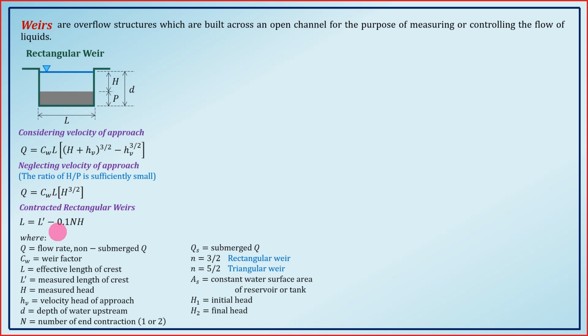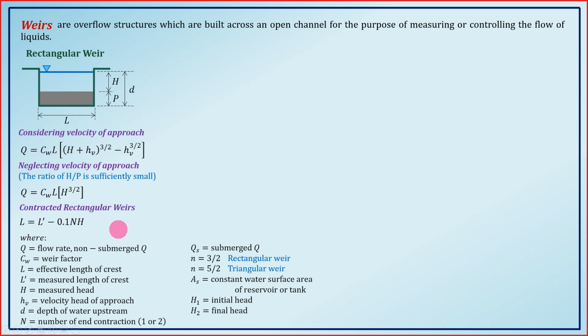So, wherein L prime is the measured length of the crest. Then, minus 0.1 NH. And N here is the number of end contractions. So, 1 kapag singly, yung 2 naman kapag doubly. Ayan. Then, H, again, is yung head ng ating liquid hanggang sa top ng ating weirs. So, ito yung gagamitin mong equation kapag contracted weir ka.